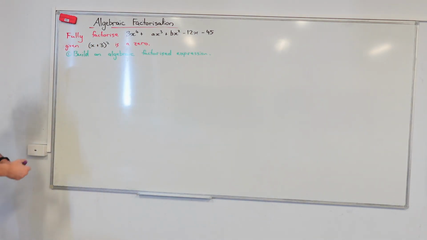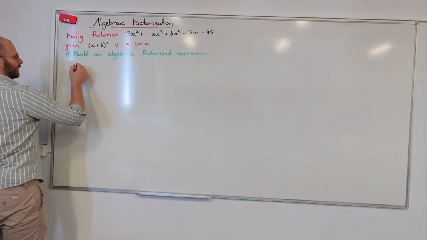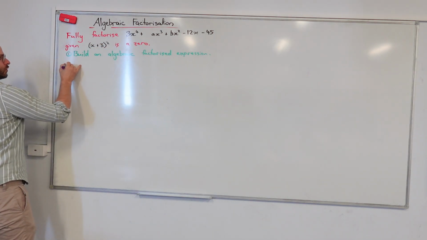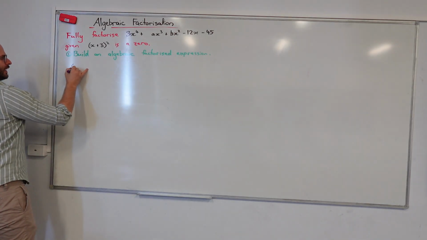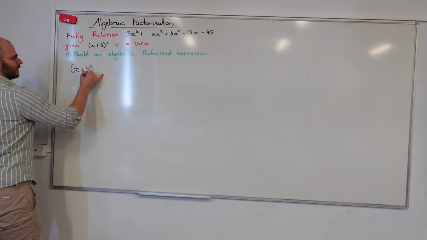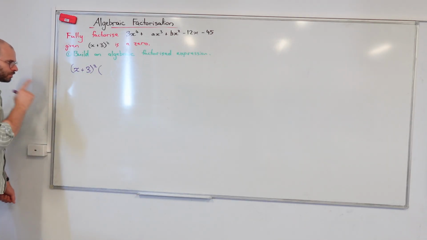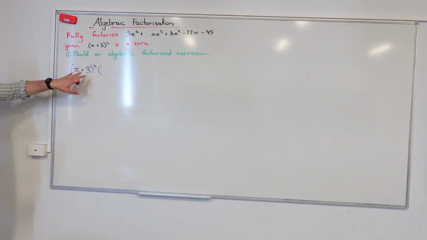So if we were going to do this, we know that this is going to be equivalent to, firstly, x plus 3 all squared as one of the factors.